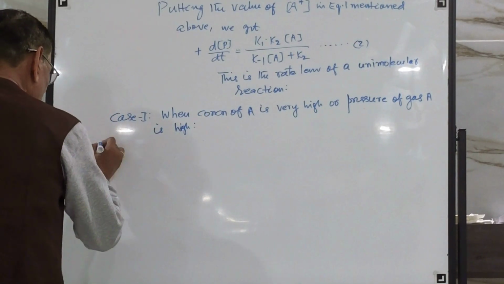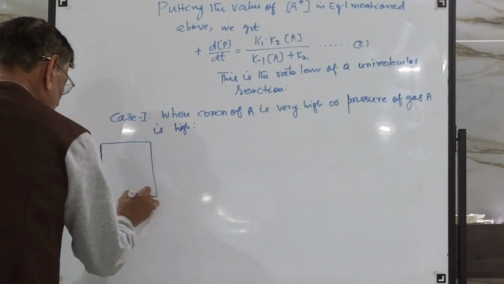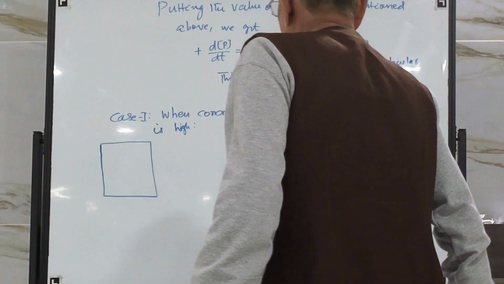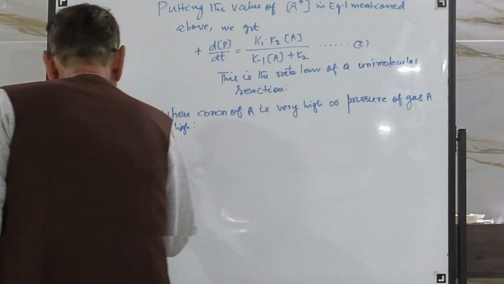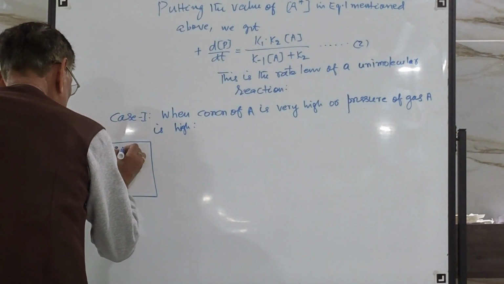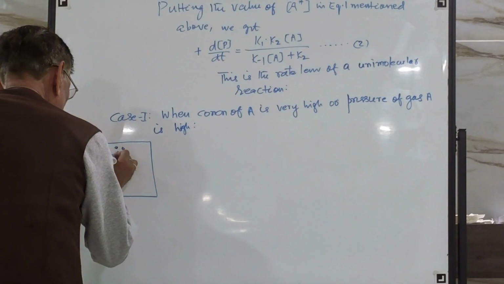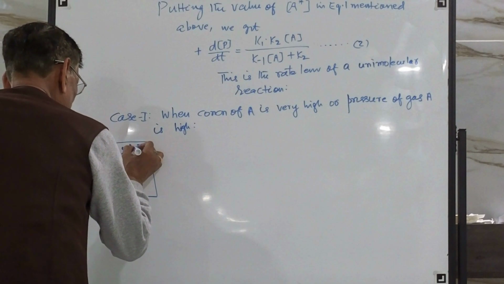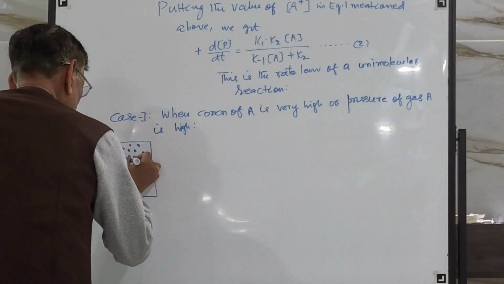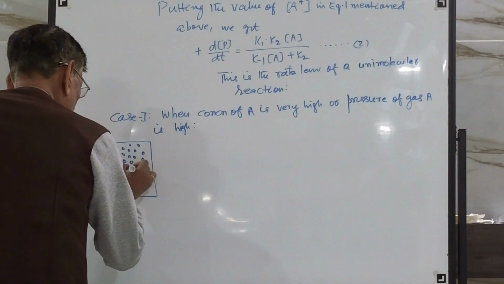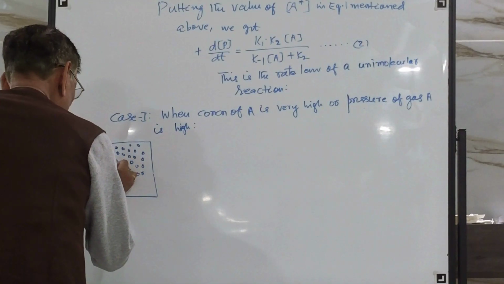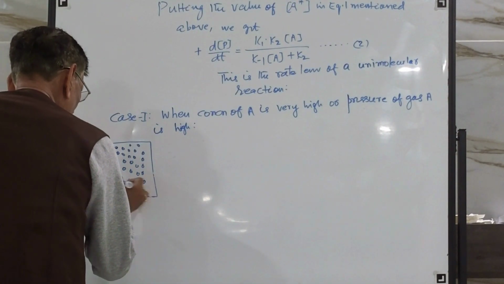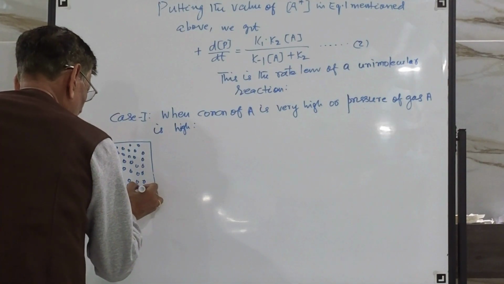Suppose this is a container, and the concentration of A in it is large. That is, A molecules are thickly populated, so the intermolecular distance between them will be very small.